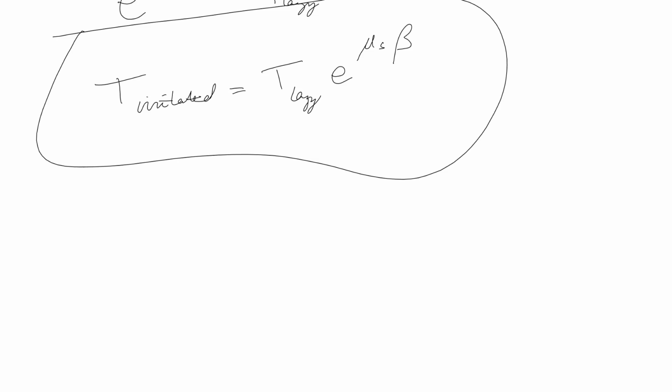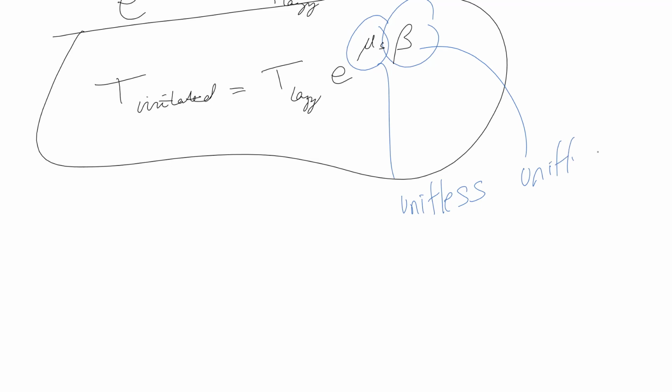Another thing to remember is that this is unitless, so in order for this to work, beta also has to be unitless. Because if you put beta in degrees, you'd have e to the degrees, which doesn't really make sense.